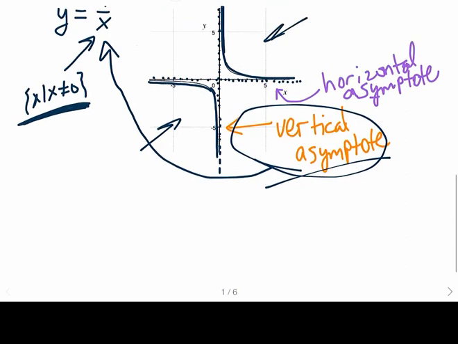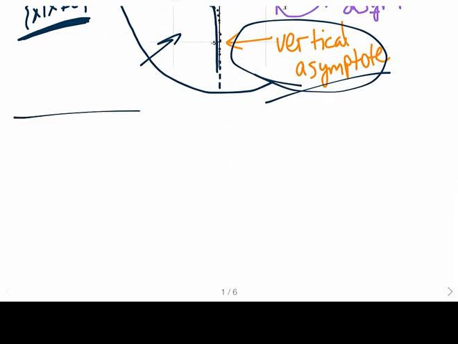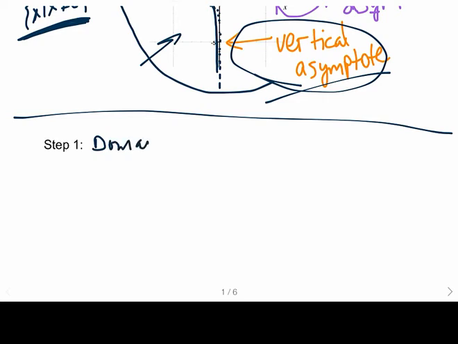So a moment ago I alluded to a step-by-step process for analyzing a rational function. This isn't the whole process, but these are going to be the beginnings of it. Now I'm numbering these starting at step 1, but they don't necessarily have to all follow in this order, but the first couple should be the first couple. Step 1, we're going to consider the domain of a function. And as we just saw, the domain is indicated by the denominator.